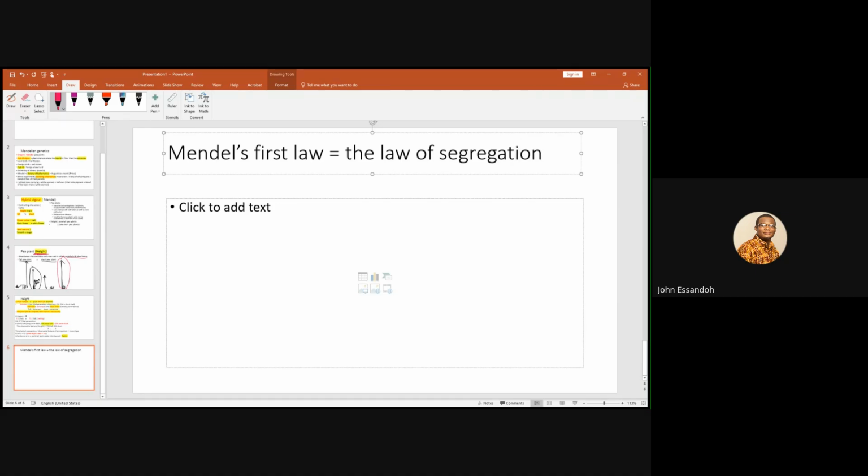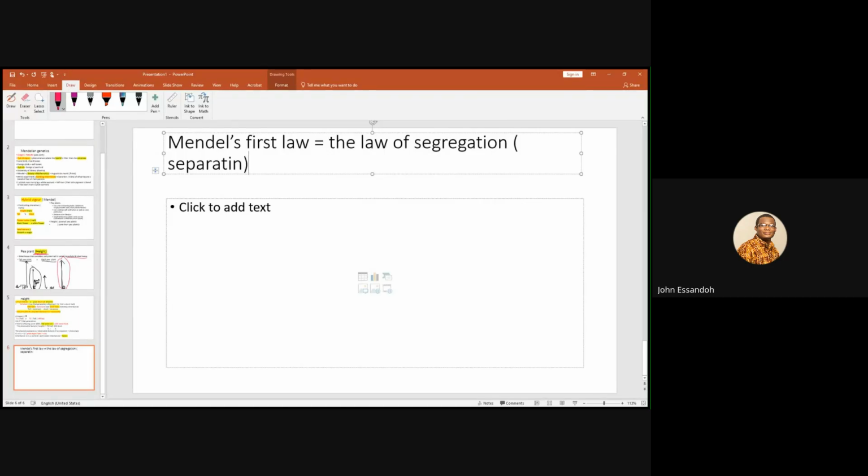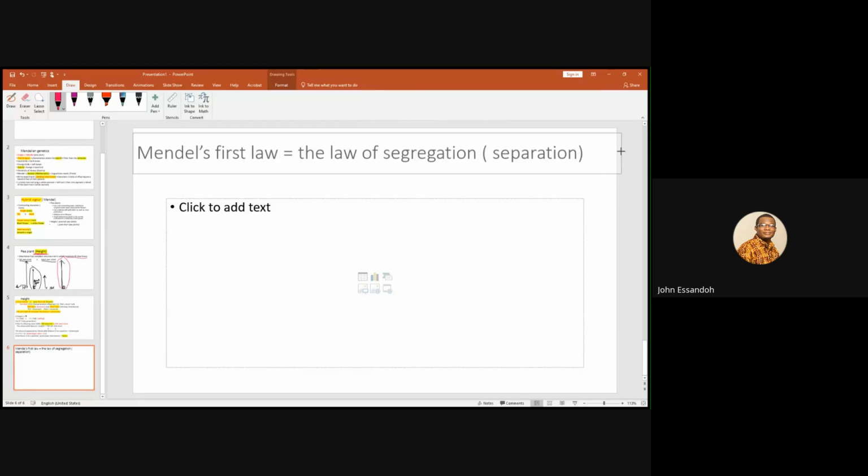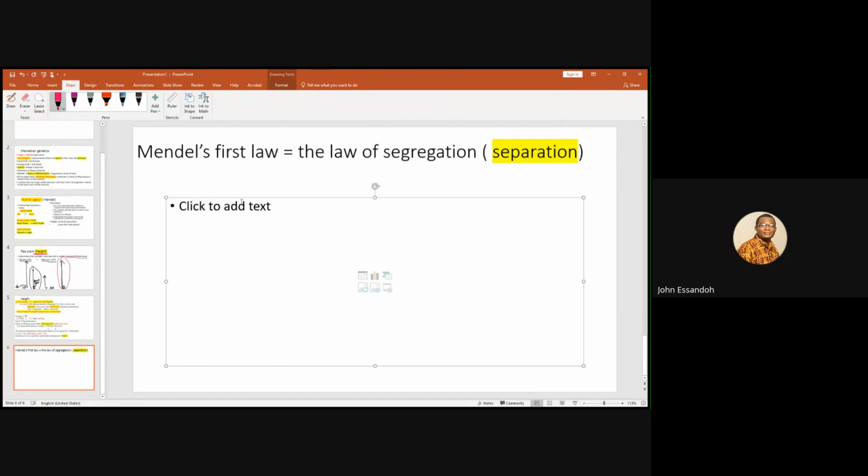And the word segregate means separation. Okay, segregate means separate. All right, so in this law, what did he say?